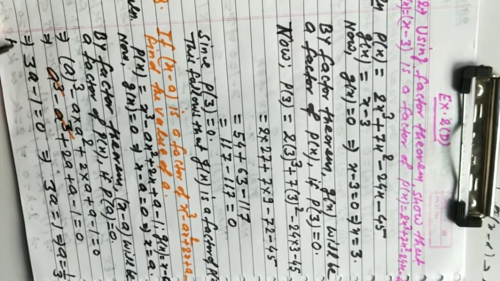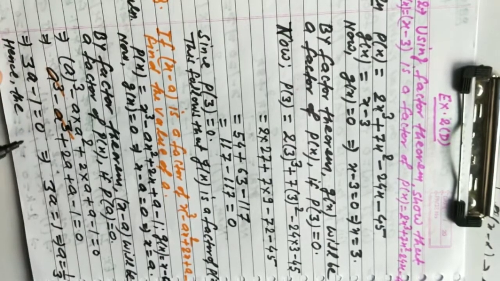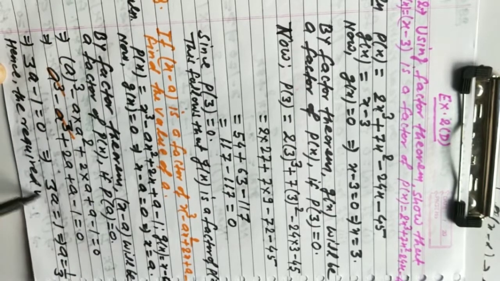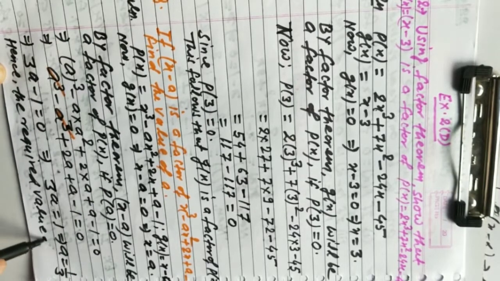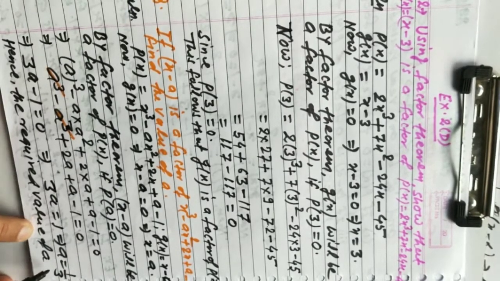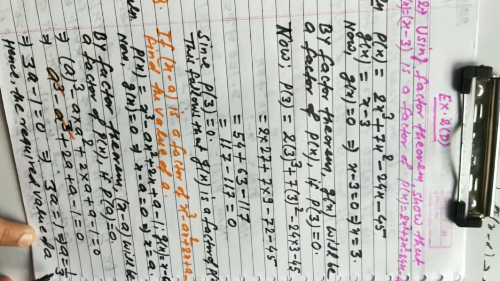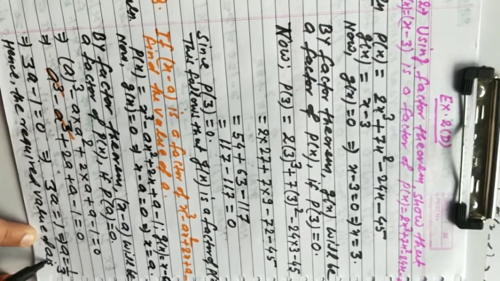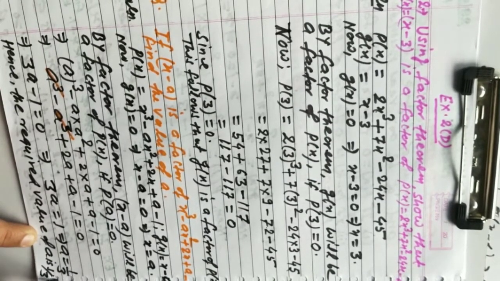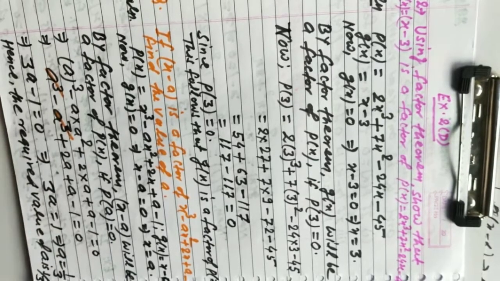Hence the required value of a is 1 upon 3. This is your answer.